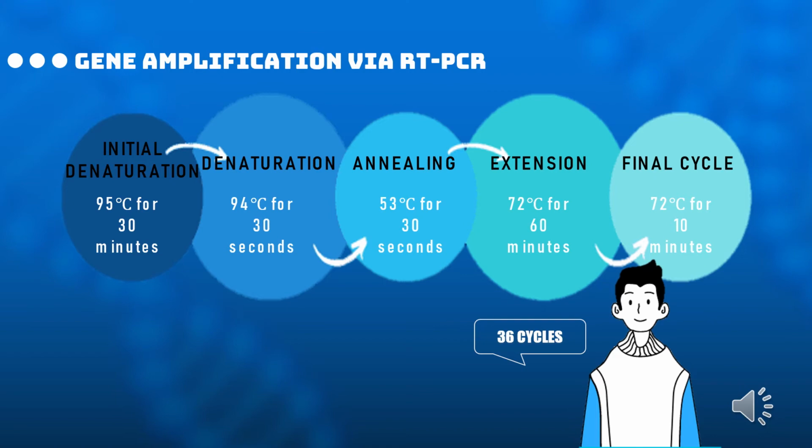Then after, annealing will occur at 53 degrees Celsius for 30 seconds. Lastly, the extension phase, which occurs at a high temperature, 72 degrees for 60 minutes, and then 72 degrees for 10 minutes at the last cycle. The PCR products will then be separated on a 1% agarose gel.